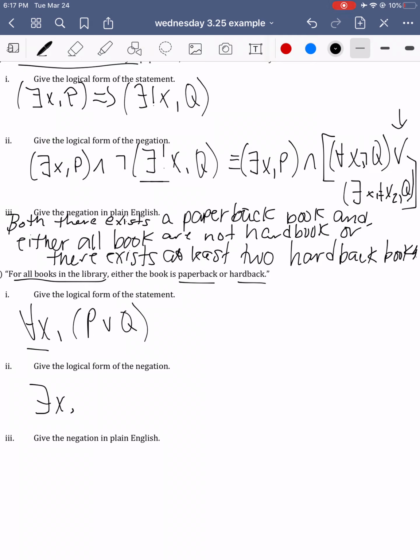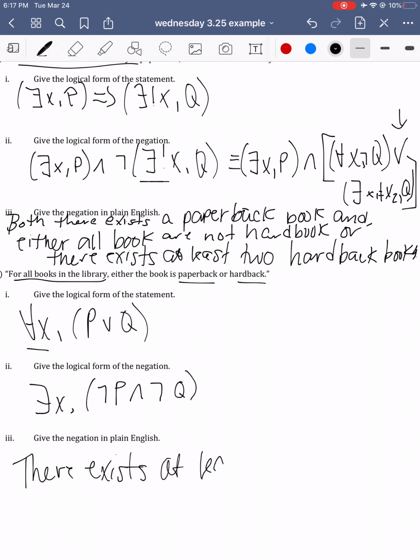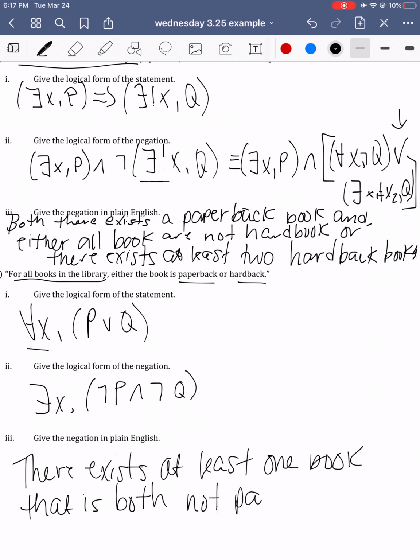So using our De Morgan's laws here, we would have not P and not Q. So this would translate to there exists at least one book that is both, or we can say neither, sorry, is both not paperback and not hardback.